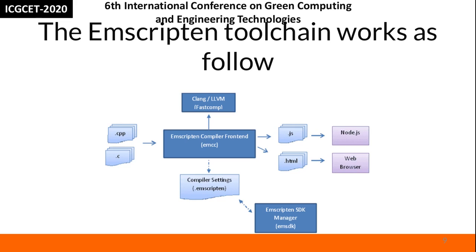These two files could be executed on any web server based on Node.js or any other web server, and could be seen on a web browser. Remember, you need to install the Emscripten toolchain on your computer or the web server.